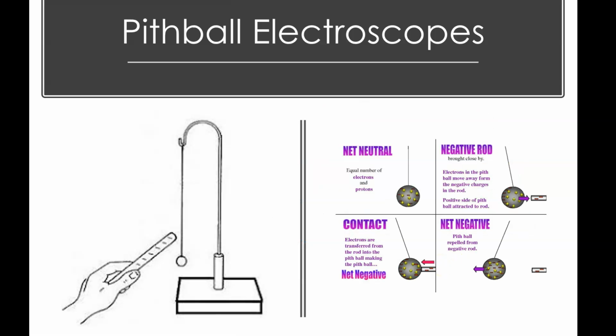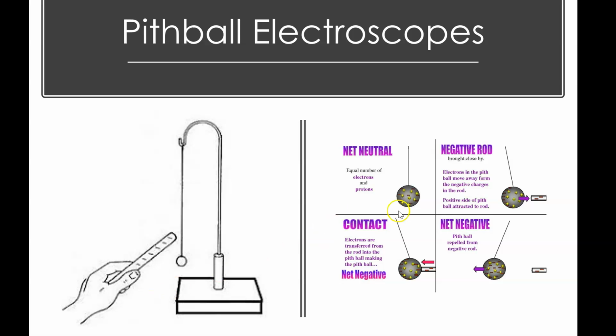The second type of electroscope is known as the pith ball electroscope. And this right here is the pith ball. It is basically made up of styrofoam, and it is coated with a conductive paint. And it is suspended from a piece of string, very simple design. This is a metal bar connected to a base, okay?